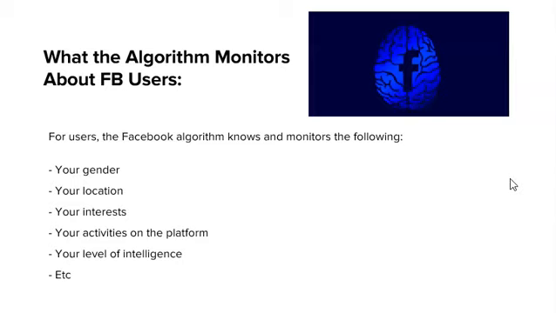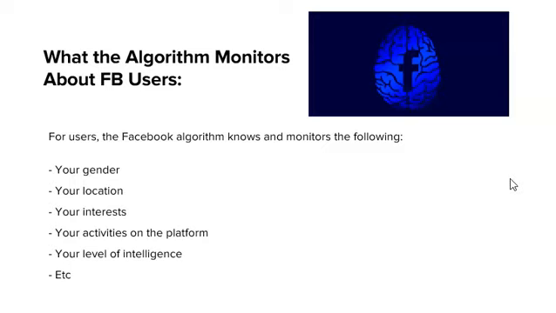For example, the Facebook machine knows things like your gender, your location, your interests, your activities on the platform, and sometimes your level of intelligence based on your activities on the platform, and a whole lot of other things. And it gets all this data based on how you behave each time you log into Facebook, and the type of adverts and the things you click on.